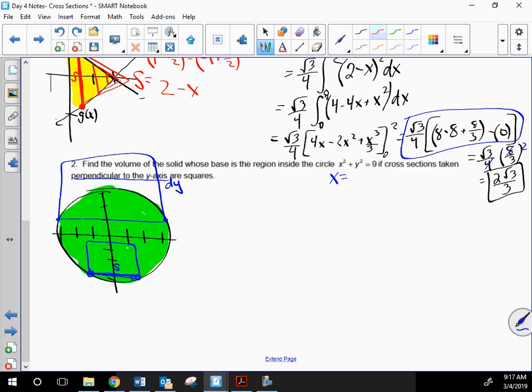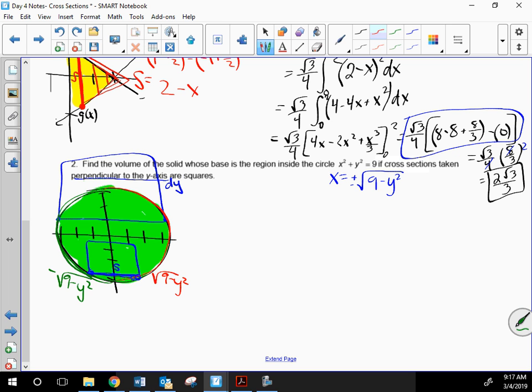We get x equals plus or minus the square root of 9 minus y squared. So what I have then is this side is my positive root, so root 9 minus y squared. And this side is my negative square root, so negative root 9 minus y squared.